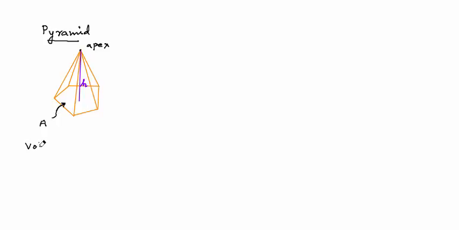The volume of the pyramid is always given as 1/3 times the area of the base times the height. Or in other words, it's 1/3 the volume of the corresponding prism.